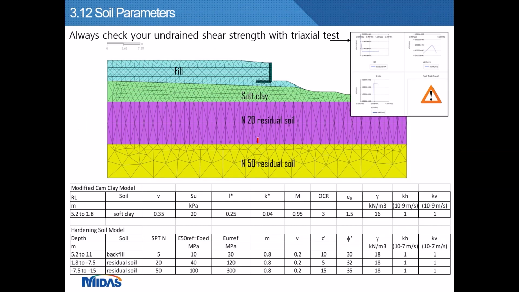We model the soft clay using the modified Cam clay model and sandy soils with the hardening soil model. And it is very important to back-calculate the undrained strength in your model by running a triaxial simulation in the software, so that the undrained strength that you simulated is somewhat similar to your field vane test.